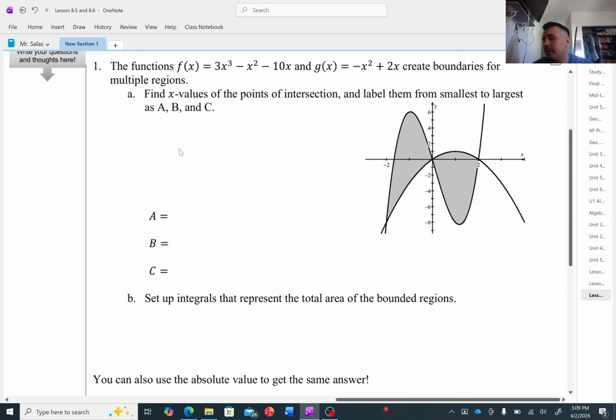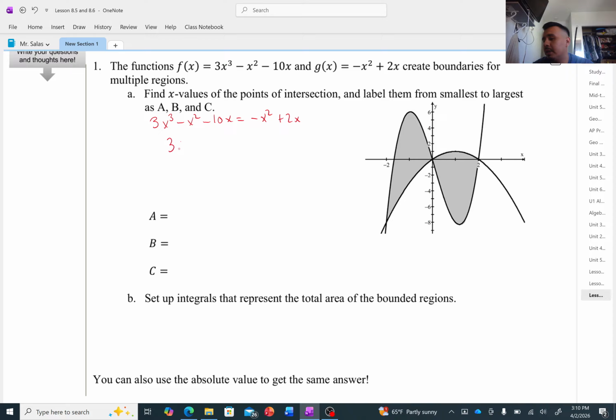So I'm going to have 3x cubed minus x squared minus 10x equals negative x squared plus 2x. Boom. Set them equal to each other. I want to pass everything from my right side to the left side. That way I make it as easy as possible.